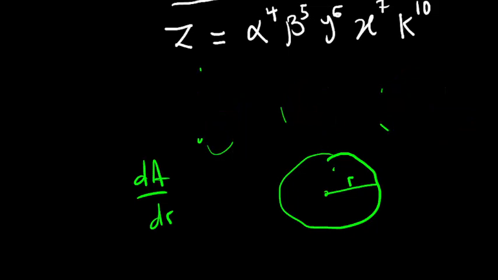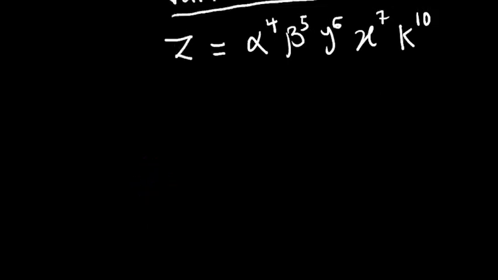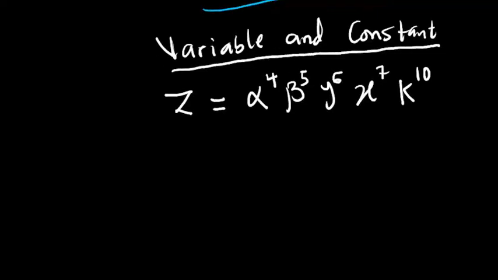So now let us go back to the idea of the variable and constant, because if you get this idea, it really helps you a lot. The moment I write dz dx, you know what we have here?